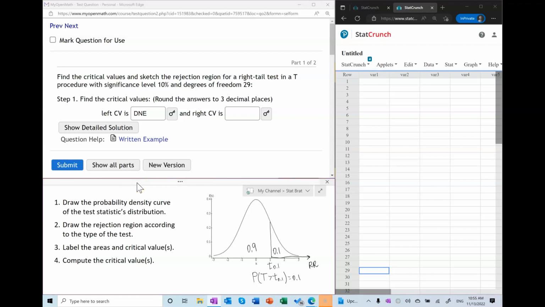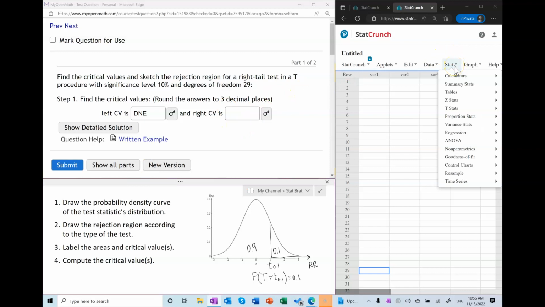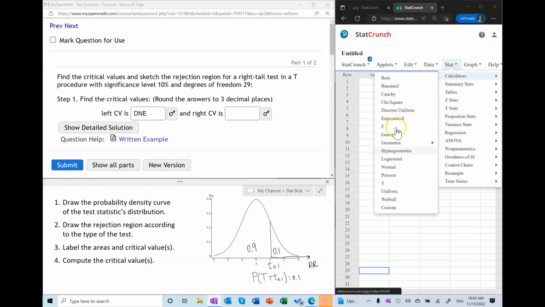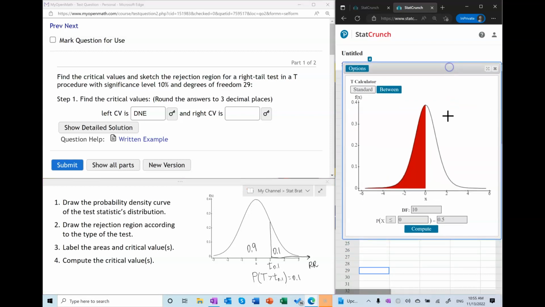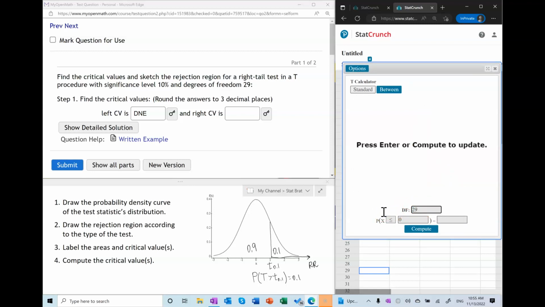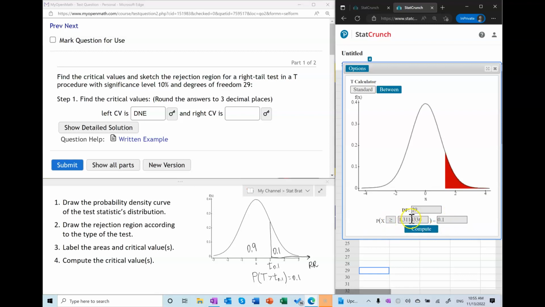So I'm going to use StatCrunch because it's quite visual, but there are alternative ways such as using a TI-83 calculator or a statistical table. So we're going to open the T calculator, and of course, to pick the right one, we have to choose the right number of degrees of freedom, which in this problem is 29. And now we're going to replicate this image by setting it up the following way. So we're looking at the area to the right of the critical value being equal to 0.1, and there you go.